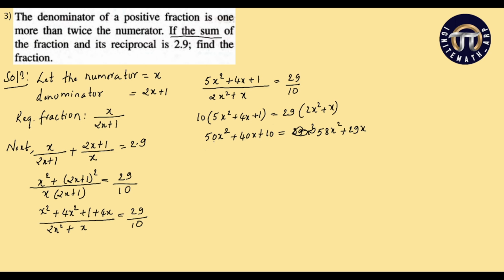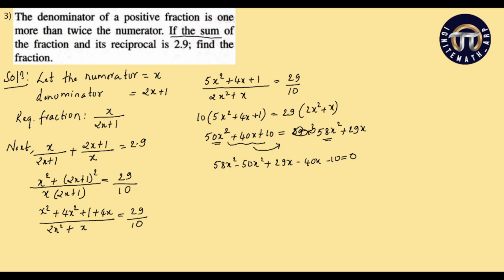So now x square is here also, x square is here also. This x square is bigger. So what I do here, I'll bring all the terms of the left hand side to the right hand side. So it is going to be 58x square minus 50x square, then plus 29x minus 40x minus 10 is equal to 0.